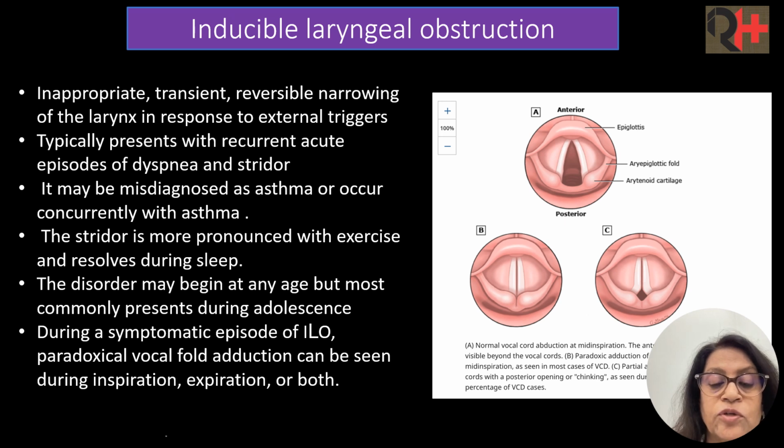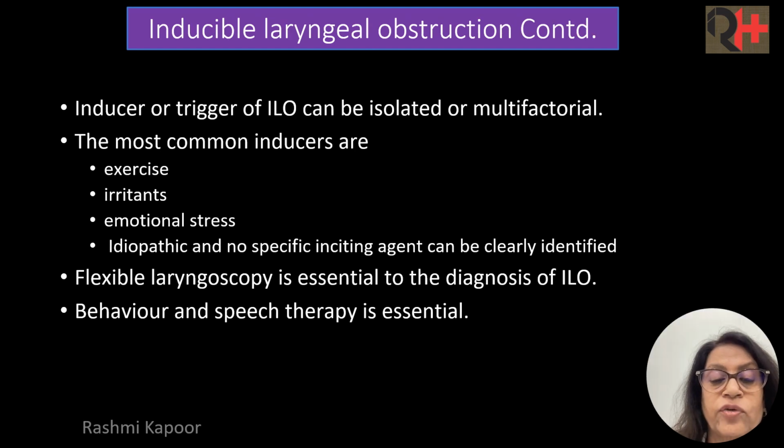During the symptoms of an episode of inducible laryngeal obstruction, paradoxical vocal fold adduction can be seen during inspiration. So we can see that during inspiration, normally the vocal cords are in an abducted position, but in inducible laryngeal obstruction, there is adduction of the vocal cords, hence the typical stridor.